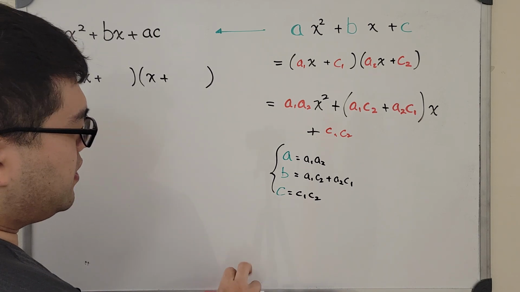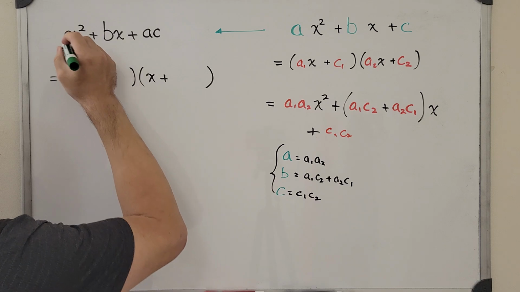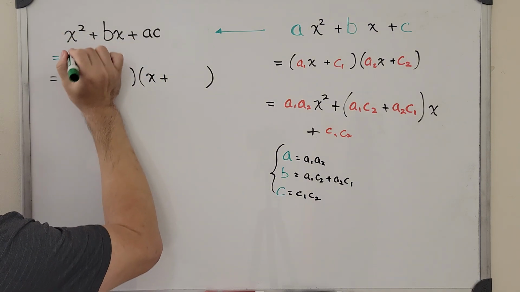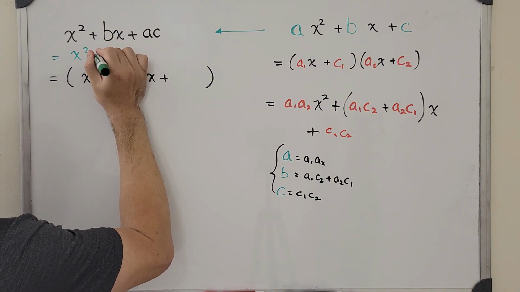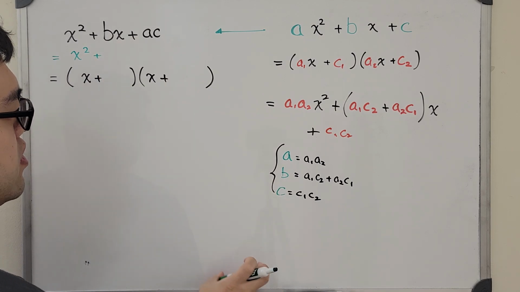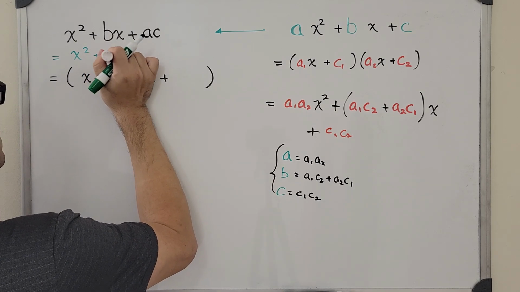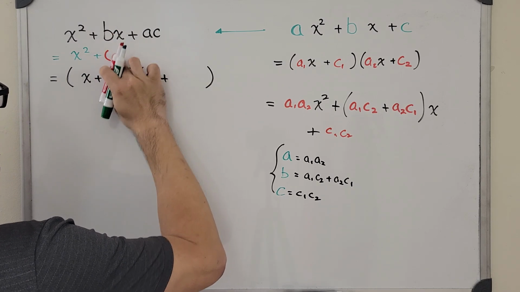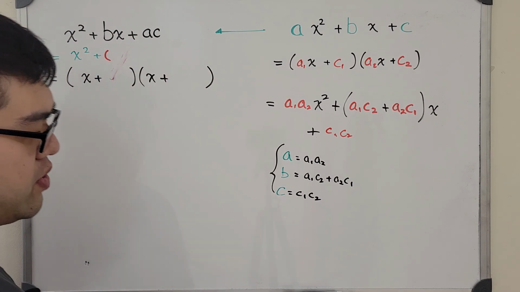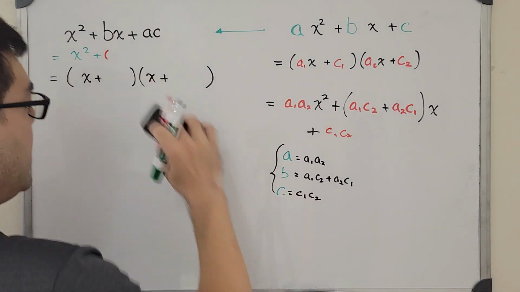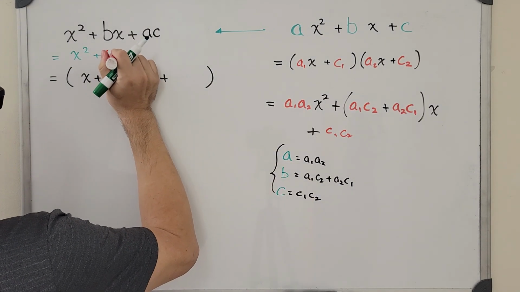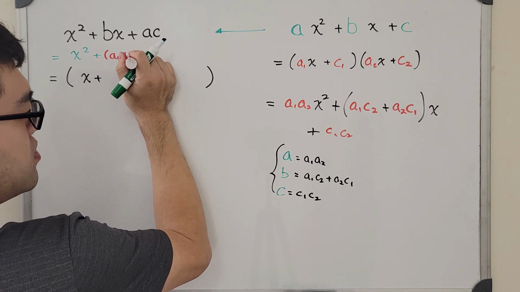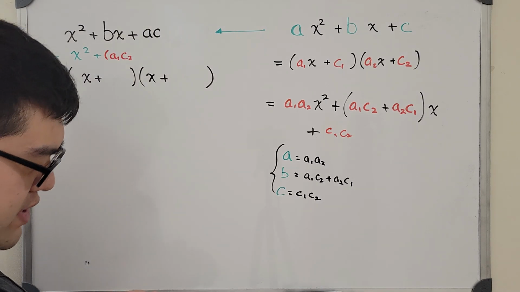So it means that if we try to rewrite the expression, we get x squared plus b, which is in terms of a1, a2, and c1, c2.